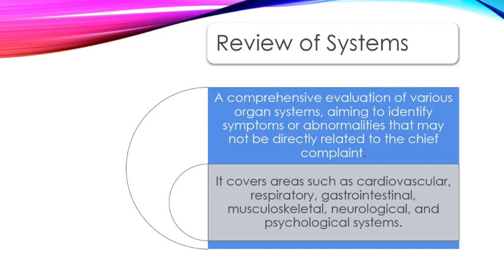You can ask regarding cough, sore throat, burning urine, burning micturition, any loose motions, joint pains, things like that. You have to dig out brief information about various organ systems. It covers areas such as cardiovascular, respiratory, gastrointestinal, musculoskeletal, neurological, and psychological systems. Brief information should be taken from the major systems and incorporated into your history.